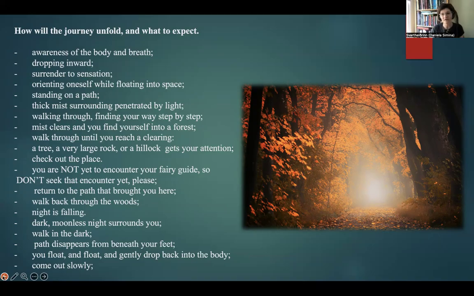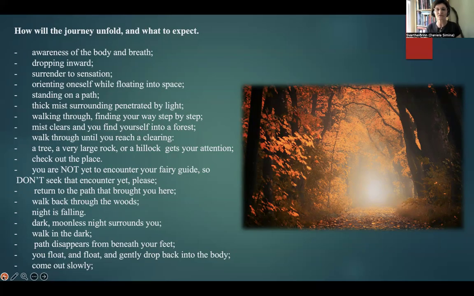You're descending through timeless time. And your descent slows down until you feel sturdy ground beneath your feet.